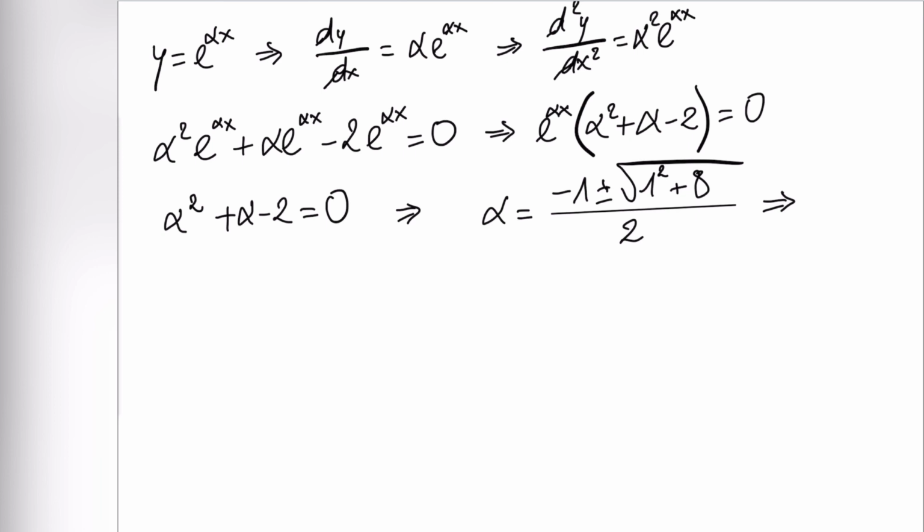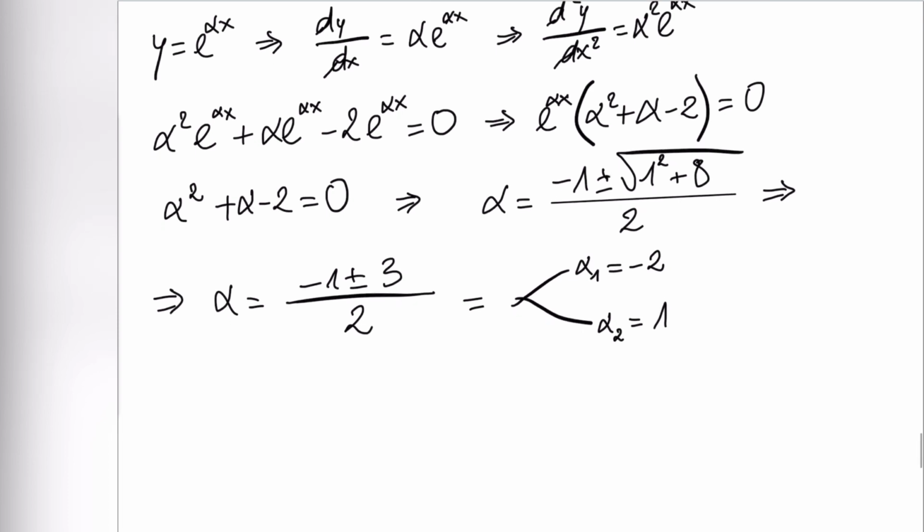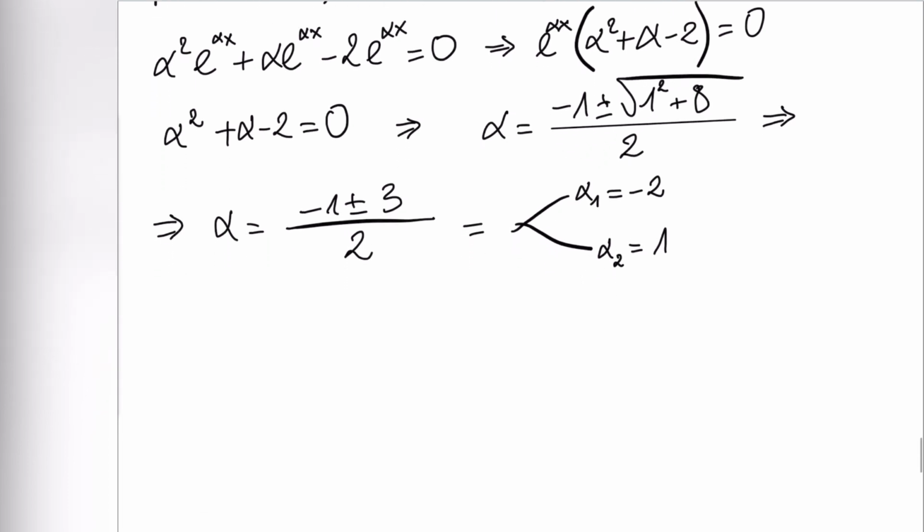So this implies alpha is equal to minus 1 plus or minus the square root of 1 plus 8, which is 9, so the square root of 9 is 3, over 2. So we have two real numbers. So alpha 1 is equal to minus 2, and alpha 2 is equal to 1. So we have two distinct real numbers.